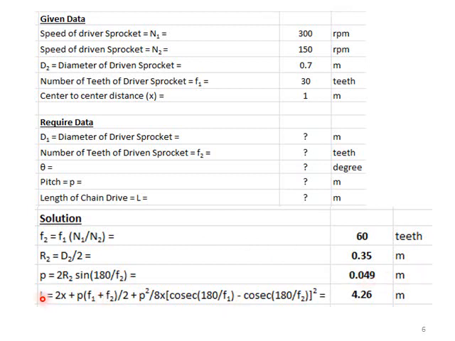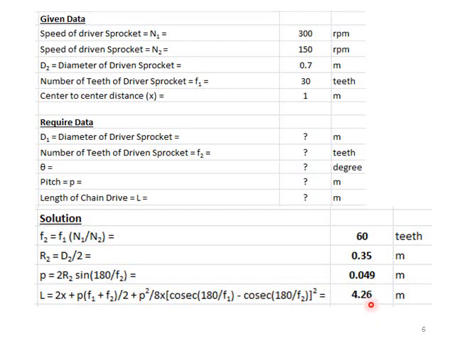Whereas the length of chain is equal to 2x plus pitch into the sum of the number of teeth of driver and driven sprocket divided by 2, plus square of pitch divided by 8x, and then we multiply this whole thing with the cosecant of 180 by F1 minus cosecant of 180 by F2, whole square.